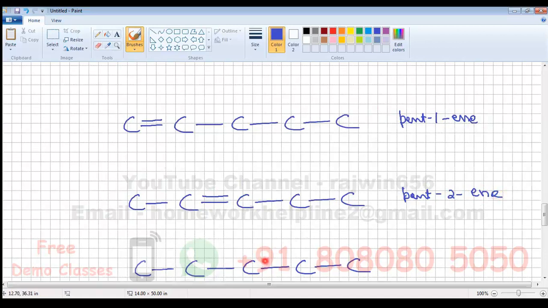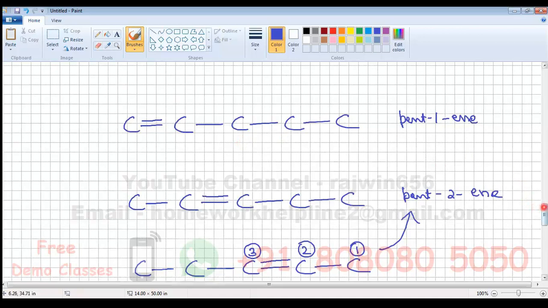If I draw the double bond over here, then I'll start counting from this side. In this case, it is going to become pent-2-ene only. But still, branching is not there in your syllabus. You can branch also.